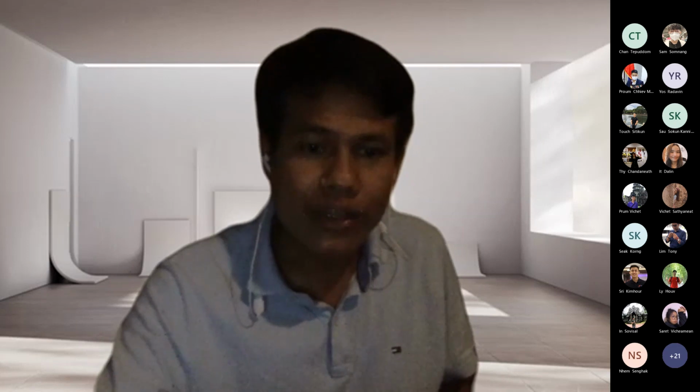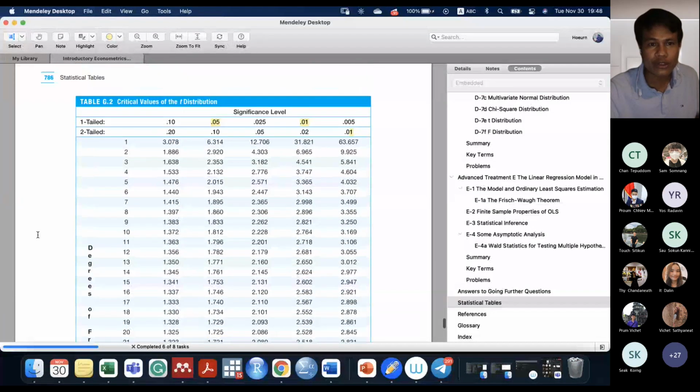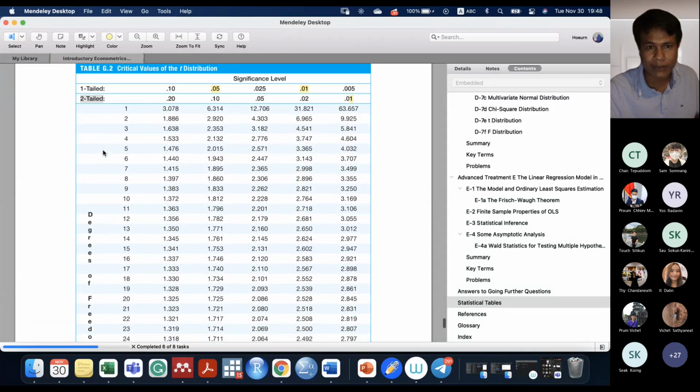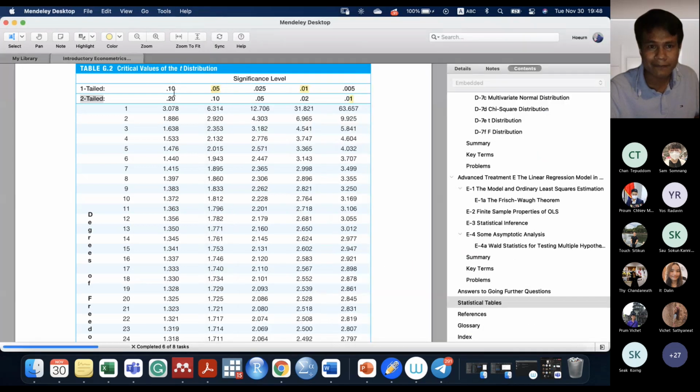When you use two-sided, when you look at the table, you also need to choose two tail. Can you see my screen, everyone? Can anyone confirm? I am now on the critical value table. So here for two-sided, you have to look at the row two tail, and then 5% or 1%.